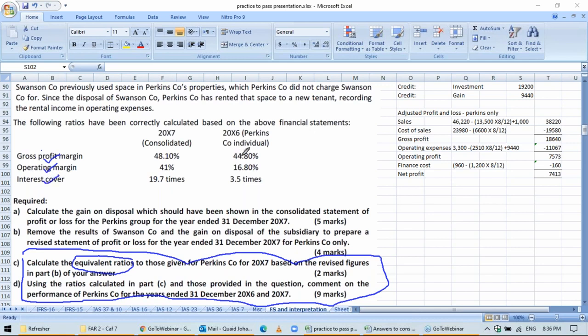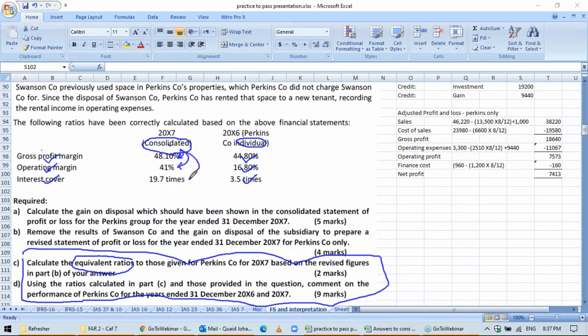They have already calculated the last year's individual Perkins ratios, right? But the ratios given over here for 2007 are the consolidated ratios. We don't want this. We can't compare with this.